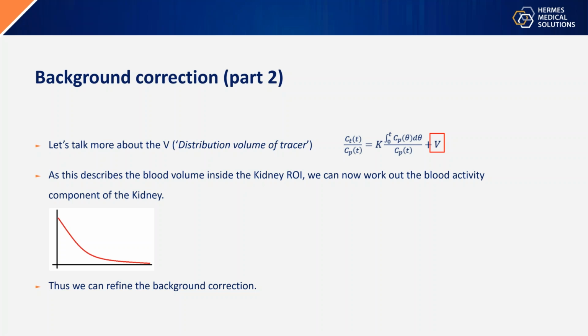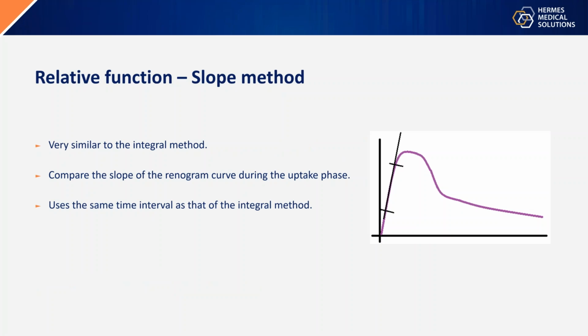So we jump back to our relative function. We have the slope method, which is very similar to the integral method. It is simply the slope of the renogram curves during the uptake phase, and then we compare these.